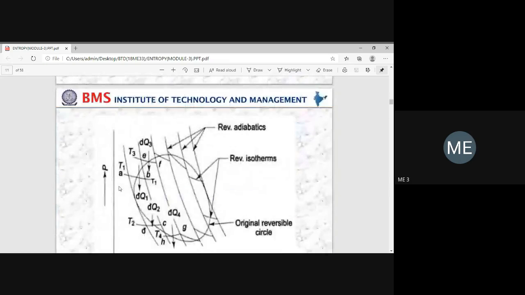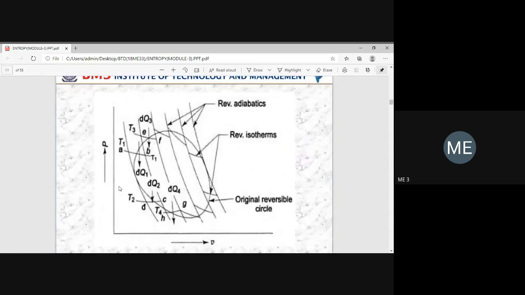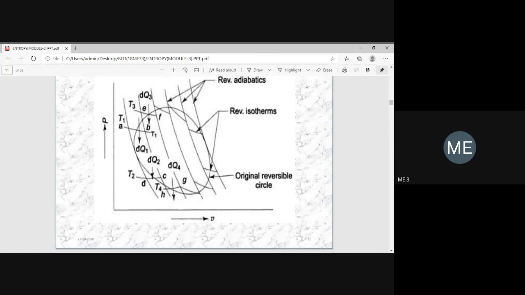Before understanding Clausius theorem, you have to understand this diagram. First, you have to draw the PV diagram. First, draw a smooth closed curve. Whatever the structure is, this is the original reversible cycle. Just draw a circle-like diagram like this.